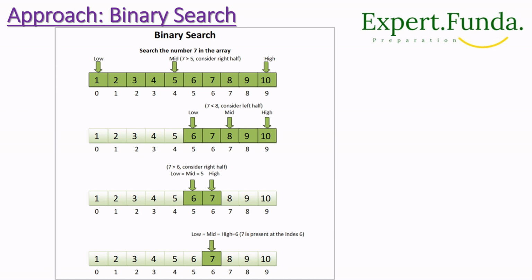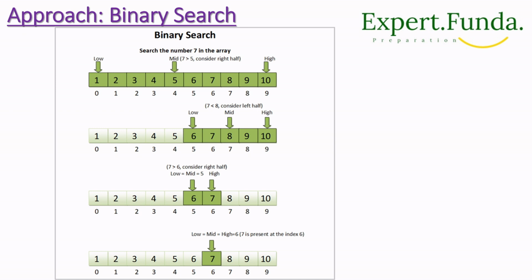Our task is to find the minimum capacity of the ship, so that we can ship all the packages within the given days. Our intuition is that we will use binary search.